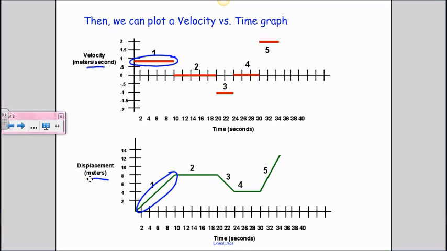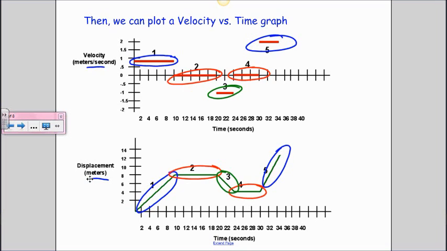At parts 2 and 4, the slope of this line is 0. Therefore, the velocity is also going to be 0. At point 3, your slope is negative, so your velocity is negative. And at point 5, your slope is positive, so your velocity is positive.